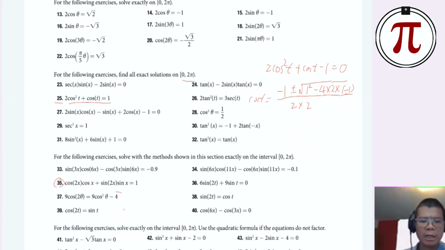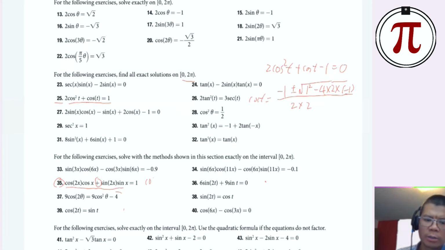On the left-hand side, it is a product of two cosines, and then a product of two sines, with a plus in the middle. So it is the sum or difference formula for cosine. It's the cosine difference formula, because this is a summation.